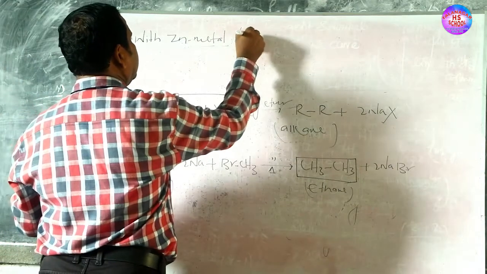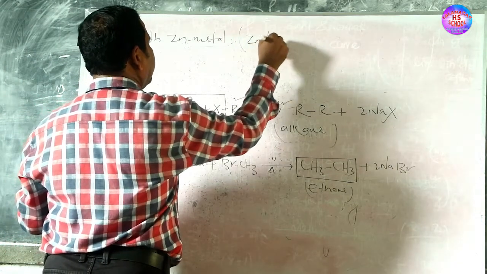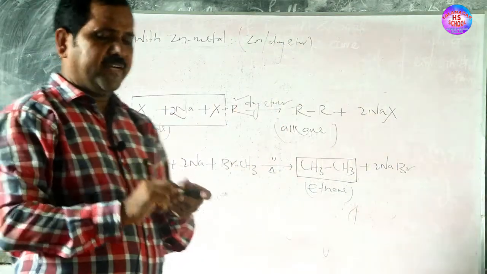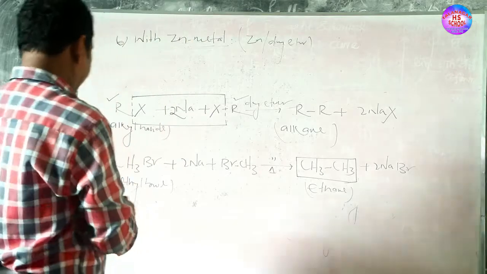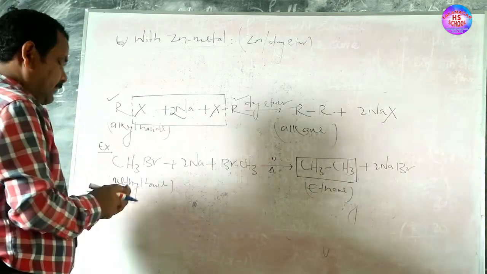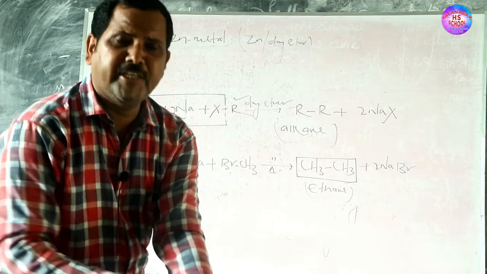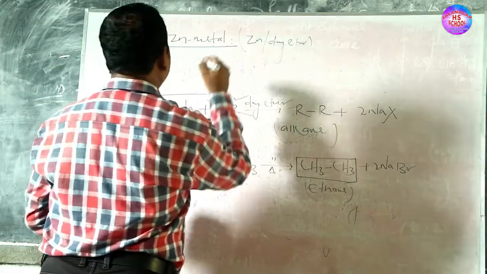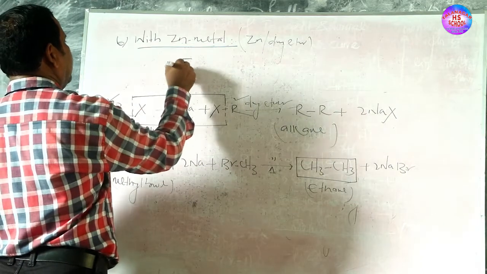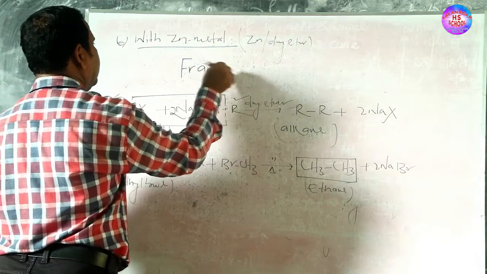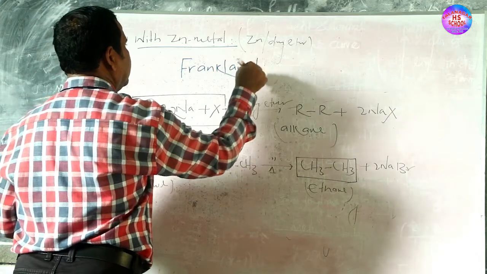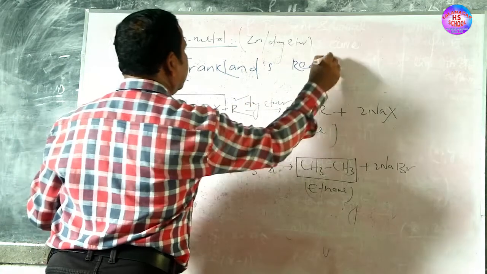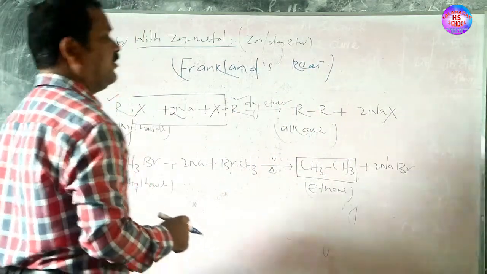We write Zn in presence of dry ether. Zinc metal and dry ether. This reaction is called as Frankland's reaction.